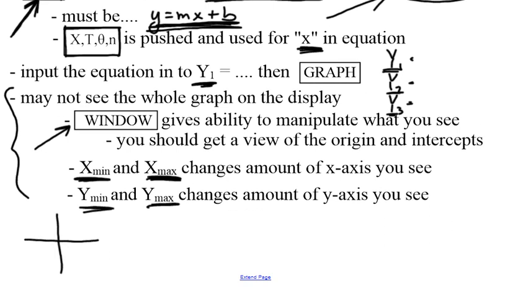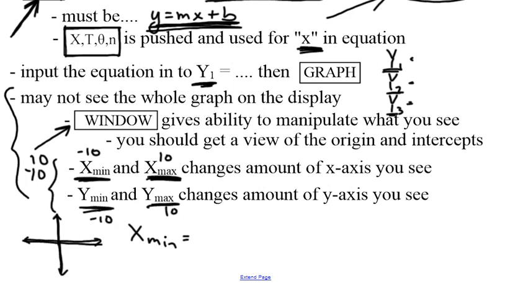If I have just a regular Cartesian grid, usually I suggest you set all these to -10 and 10. If everything's -10 and 10, you'll see 10 going this way, 10 going that way, 10 going up, 10 going down. But if I change x min, x max, y min, y max, we start to see different parts of the graph. Say all my mins were -10 and my maxes were 10.